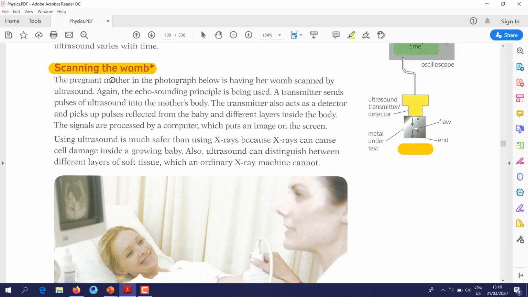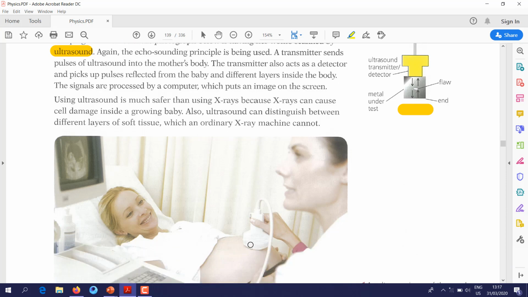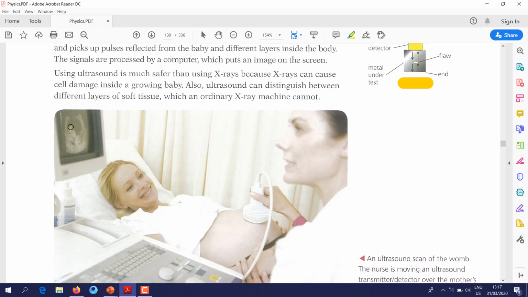A pregnant mother in the photograph below is having her womb scanned by ultrasound. Here it's the same principle. It will send waves to the womb. The womb will reflect them depending on the shape of the embryo, and then, as you can see here, we will get a picture as shown here.